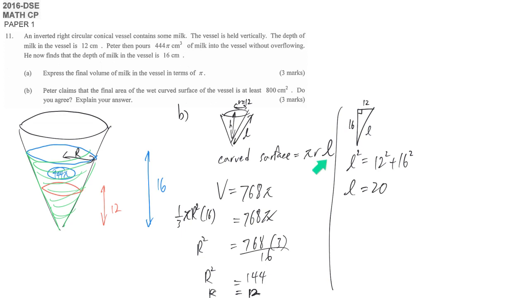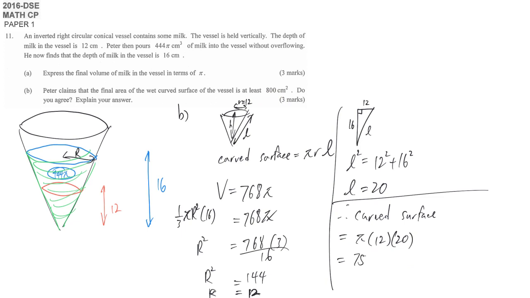Now we have all the items we need. We have r, we have L. So we get the final answer: pi times r, which is 12, times L, which is 20. And then they say we need to compare with 800, so we have to use our calculator to get the exact value.